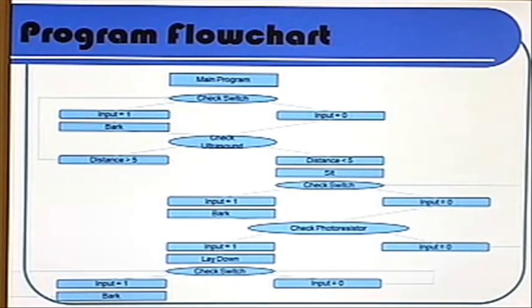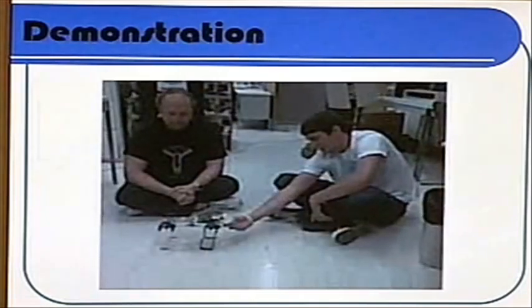At all times, we check whether our touch sensor is being pressed. If it is, it will bark and acknowledge that it is being pressed. The sit-down mode is triggered by the ultrasound sensor, and the photoresistor leads it to the lay-down mode. Next.